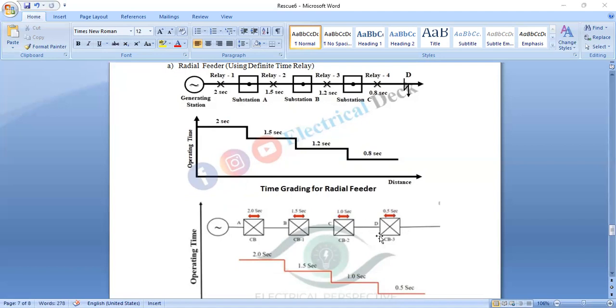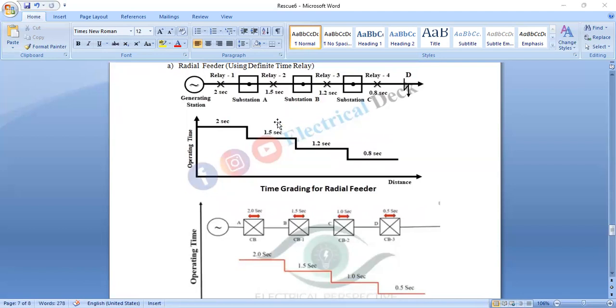The entire feeder is sectionalized like A, B, C, and D. Definite time relays are used for each individual section, which give the trip signal to the respective circuit breaker.